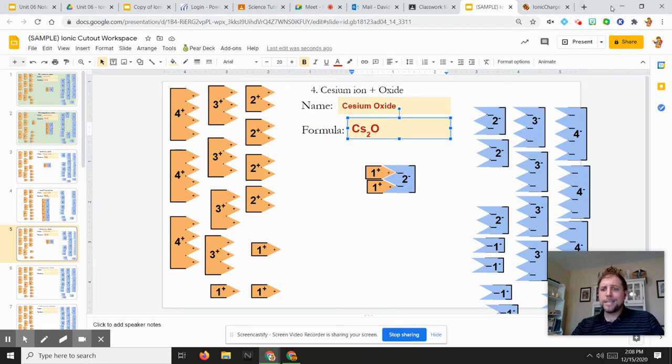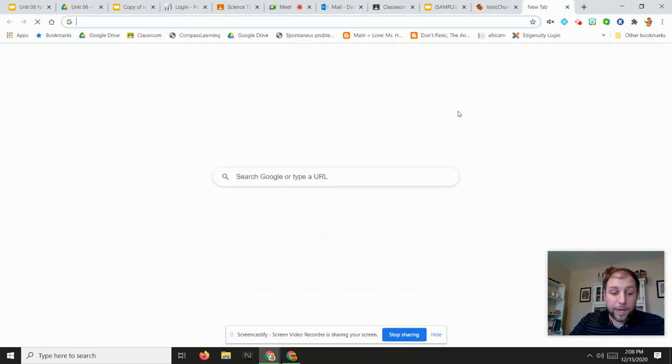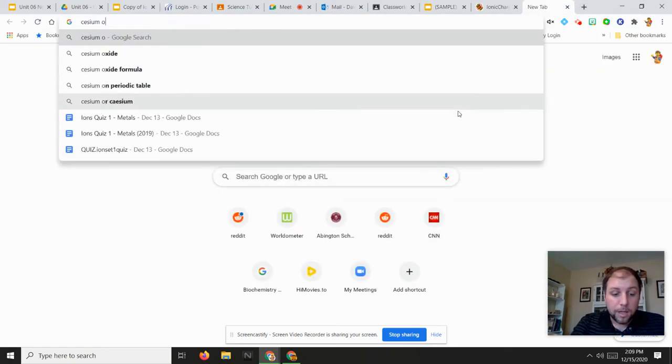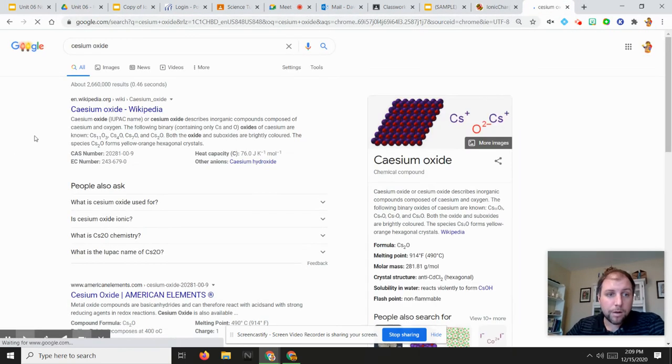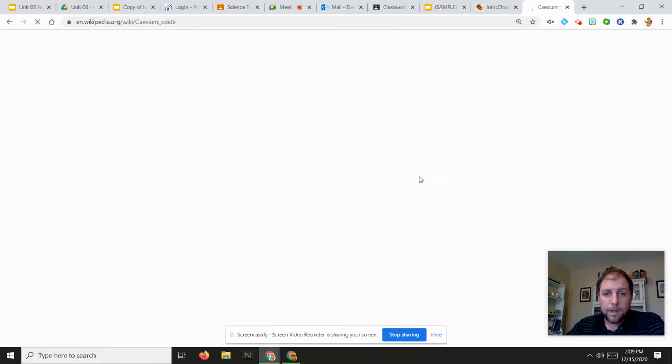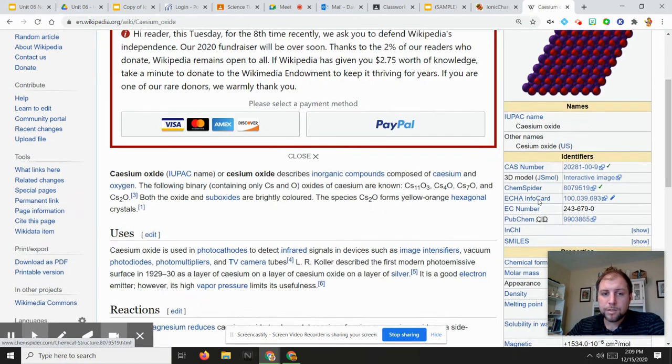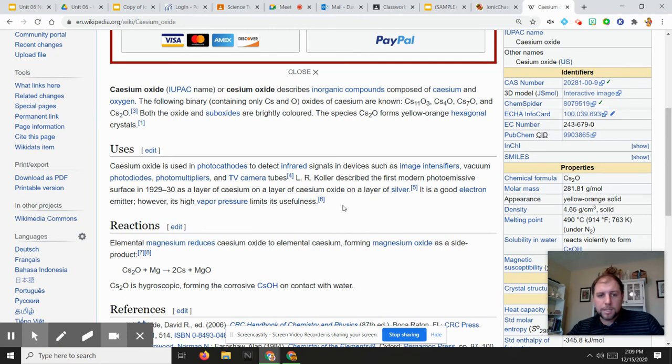By the way, guys, these are all real substances. Just go to Wikipedia and look up cesium oxide. It tells us the formula, name, uses. Cesium oxide is used in photocathodes to detect infrared signals. So this is used in infrared detectors.